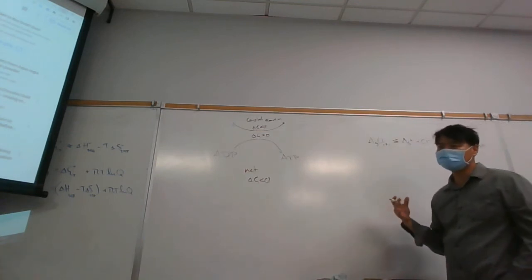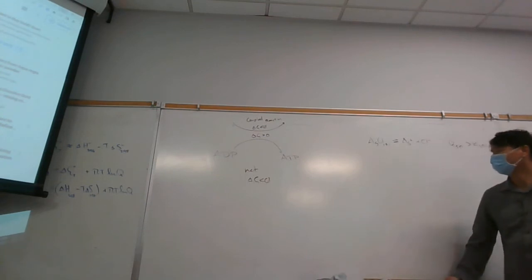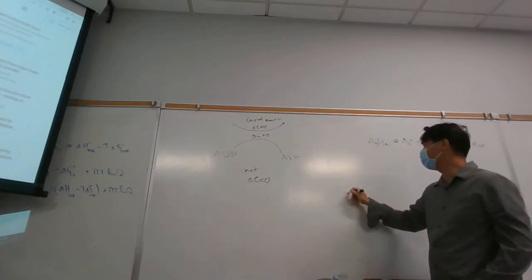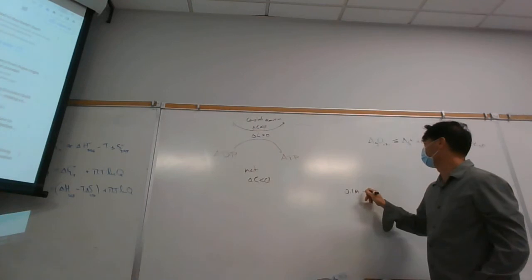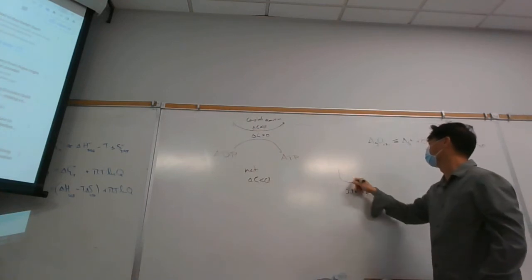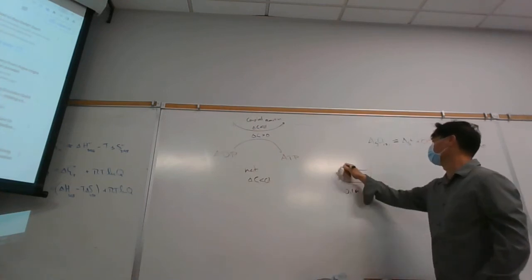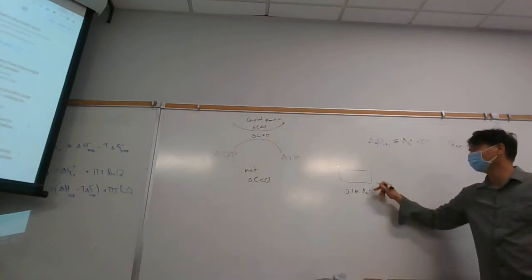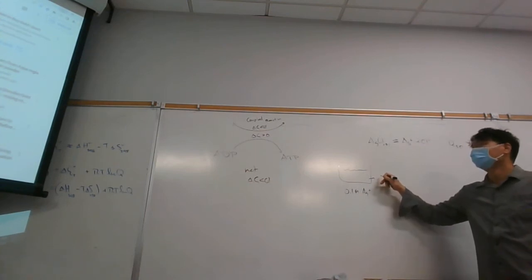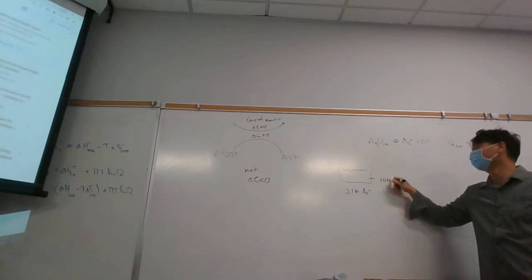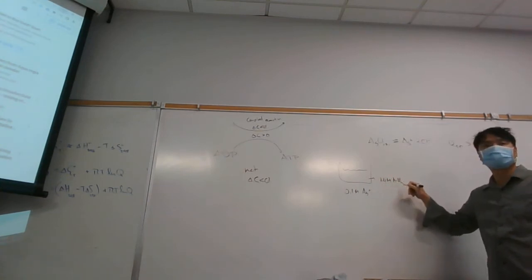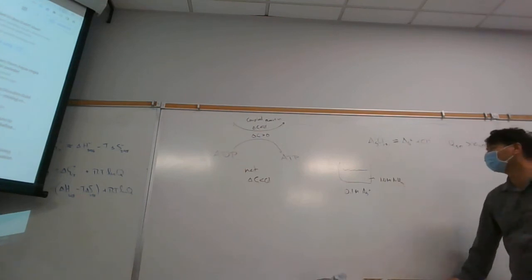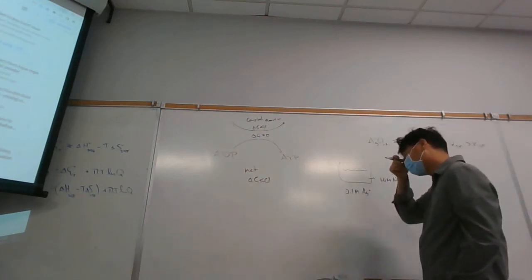Will a precipitate form if I have, say, 0.1 molar silver ion in, let's say, 1.0 molar ammonia? And let's dump in some chloride in there.